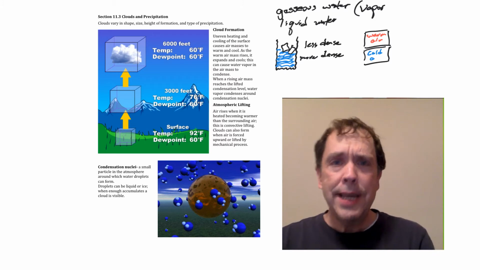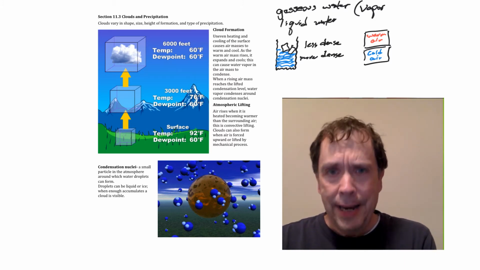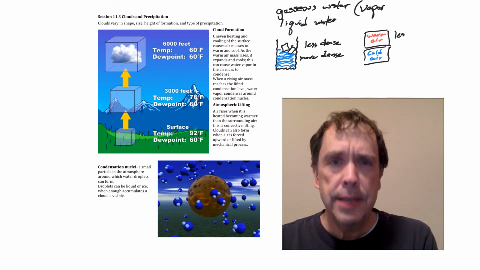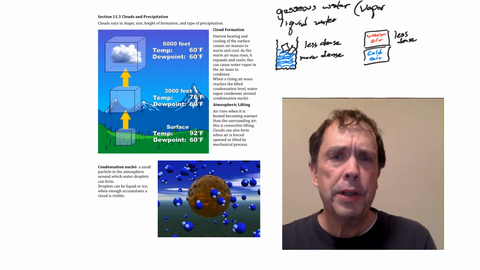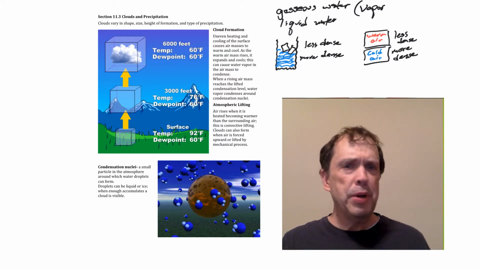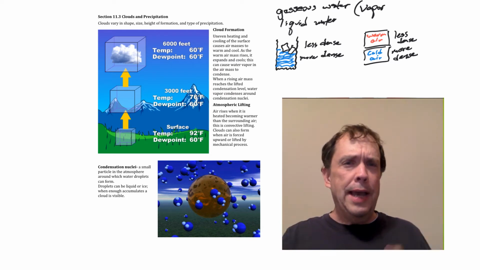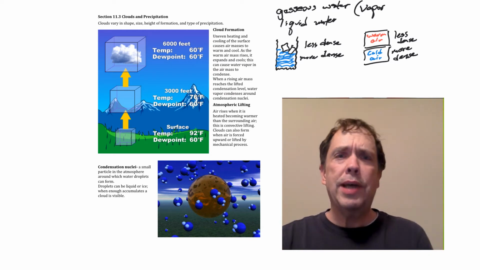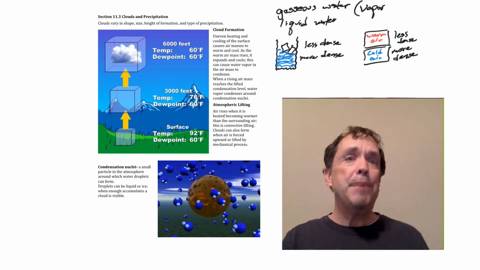If you were to heat air, one of the things that's going to happen is that it becomes less dense. The reason is that you give those molecules more energy and they spread apart. They're getting hyper, moving around, and spreading away from each other. You have the same molecules in a bigger space.